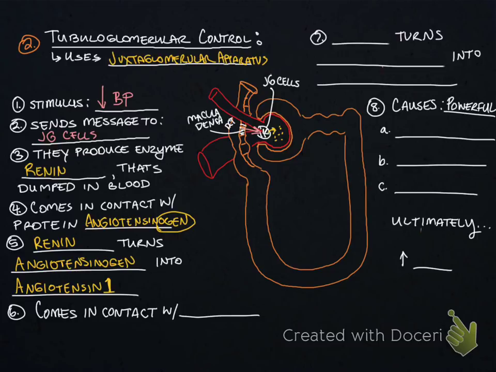Okay? It comes in contact with an enzyme called ACE. ACE, remember, stands for angiotensin converting enzyme. It's made by the lungs. So ACE turns angiotensin 1 into angiotensin 2. And this is the moneymaker here.